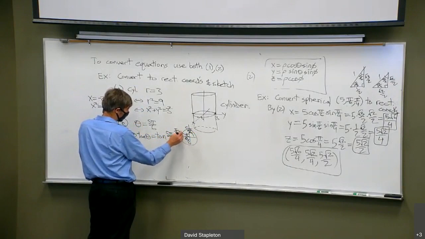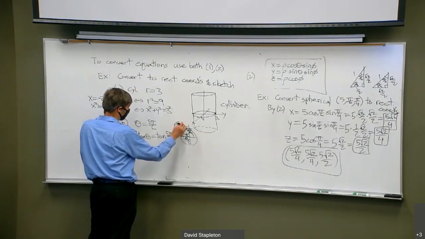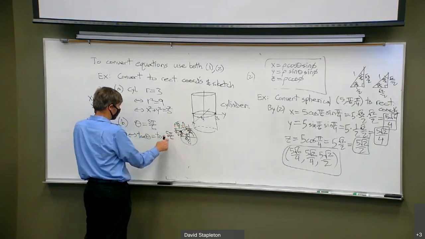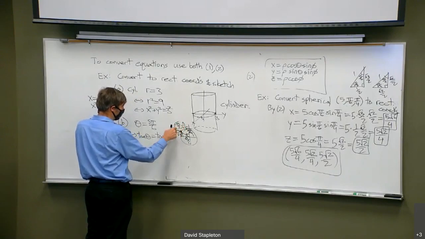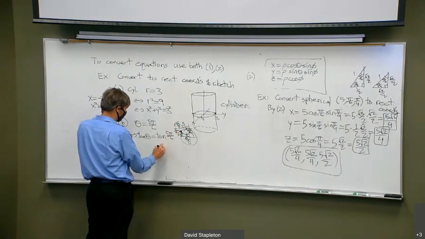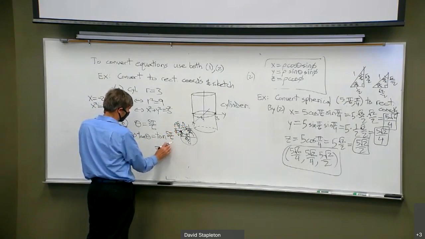Put this on the unit circle here. The coordinates are minus square root 3 over 2 and plus a half. So the tangent is the quotient of those. Y over x is 1/2 over minus square root 3 over 2, which is minus 1 over square root 3.